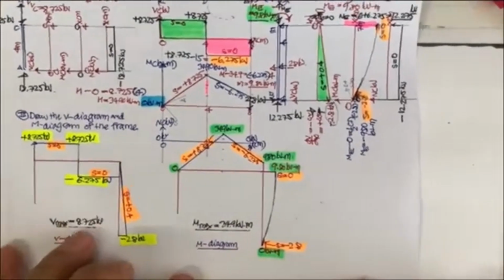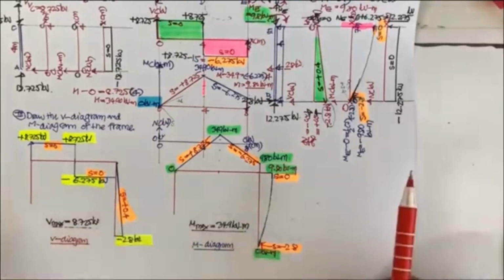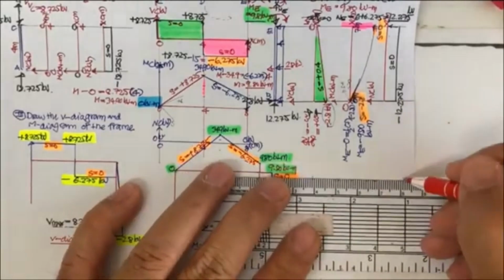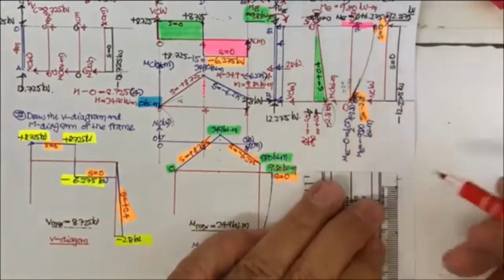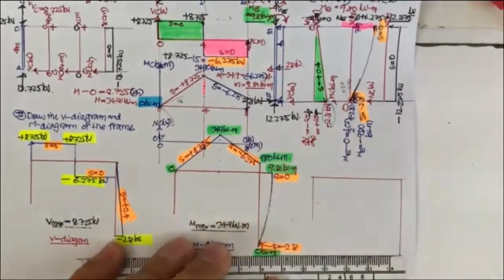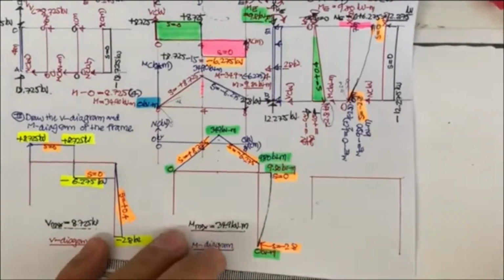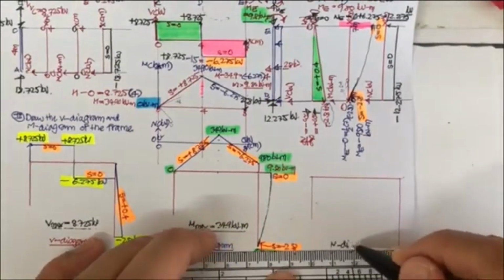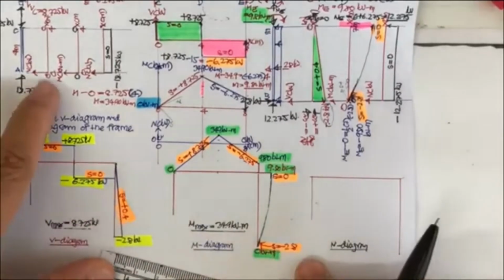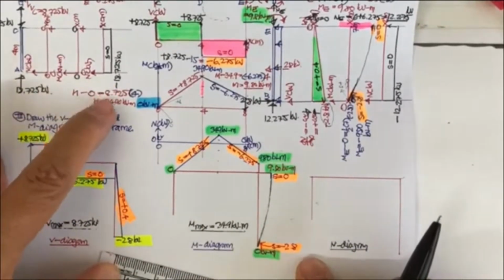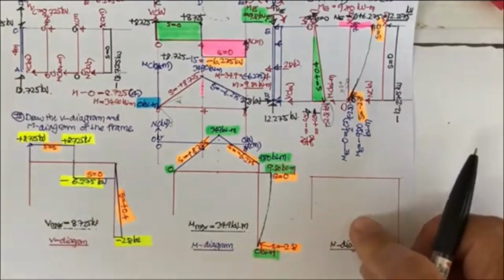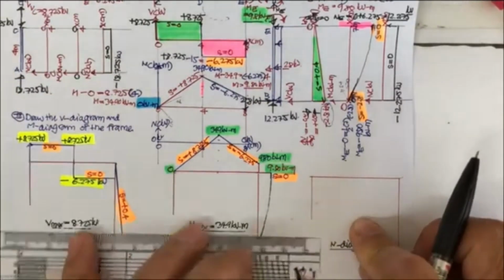If you'd like to further draw the axial force diagram, it's not that hard. If you like, just do it. This is going to be 2, this is going to be 4, and this is going to be 1, 2, 3, 3.5. And this one is the normal force diagram, the N diagram. What we have here, going back, the normal force here is minus 18.725. So that is going to be a large one, the maximum.